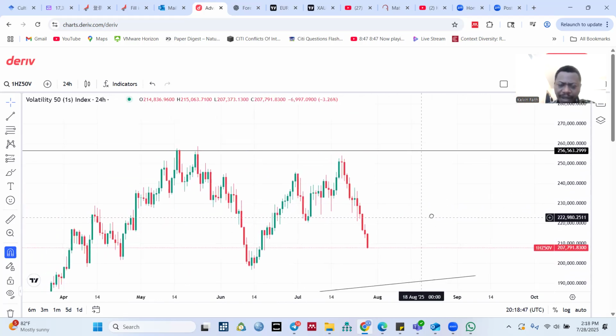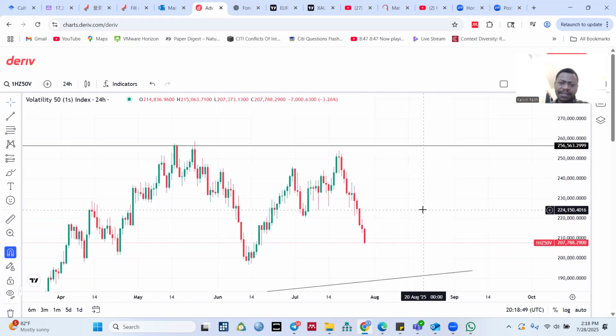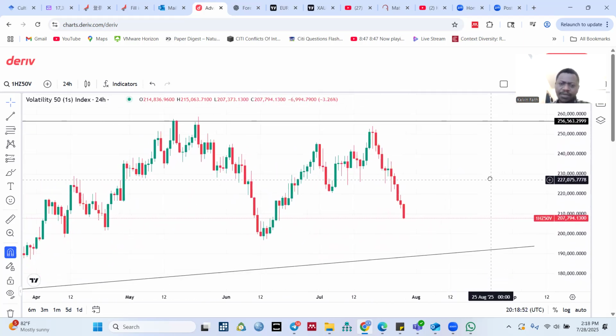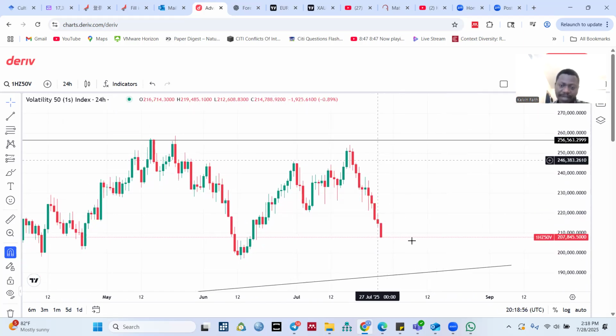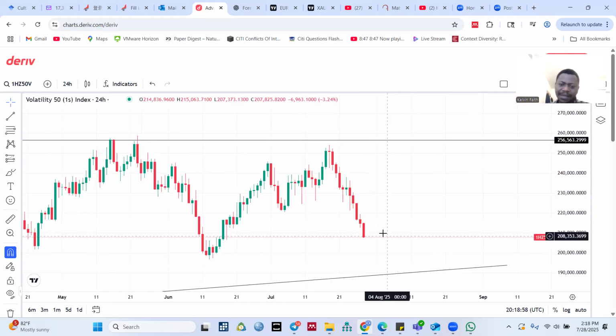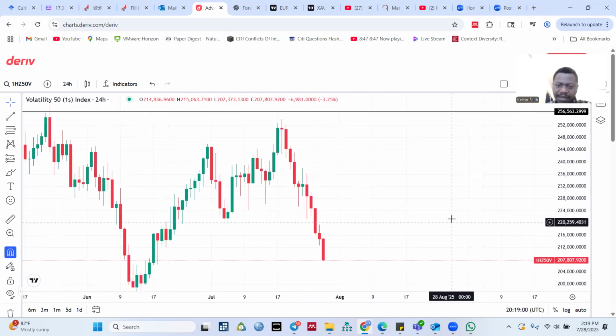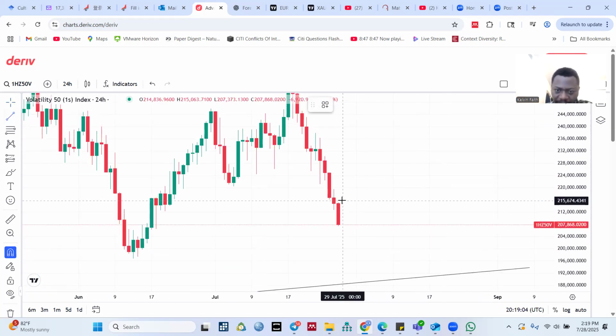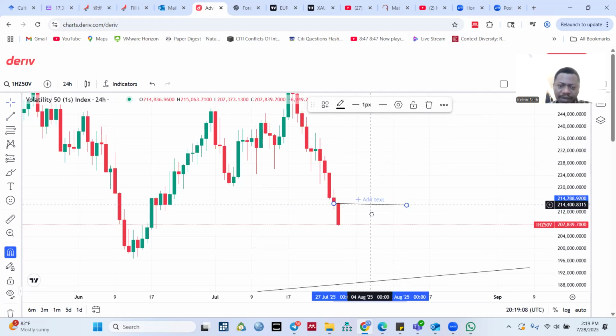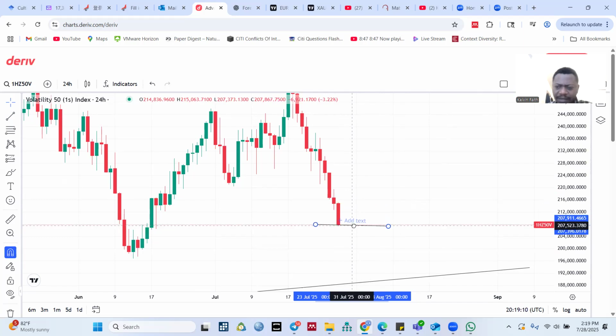So what do we think is the trend right now? What is the bias for this week or for today? I think this is today's candle. Today's candle opened somewhere here and has been moving up to here. Today hasn't closed yet.